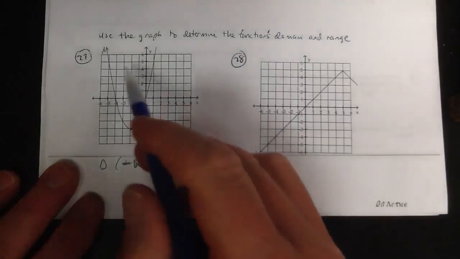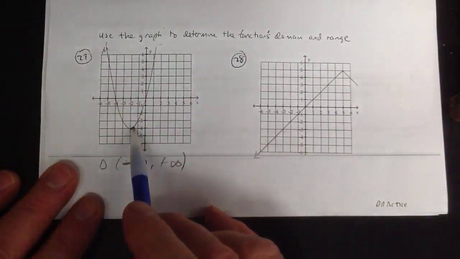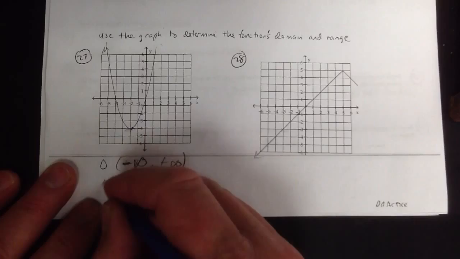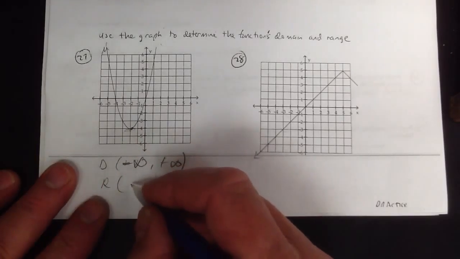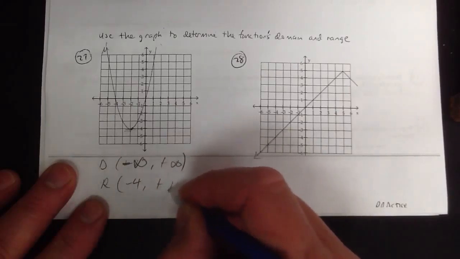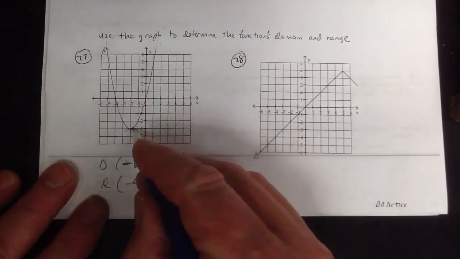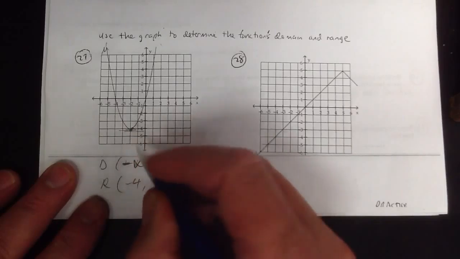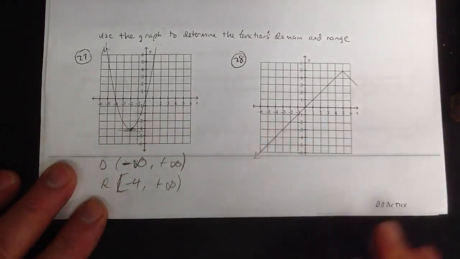What is the range? Well, this thing is going to go up forever, but it has a bottom to it. So we'll go from the bottom up. It is -4 to positive infinity. -4 is actually included in the graph, so we're going to make that a bracket.